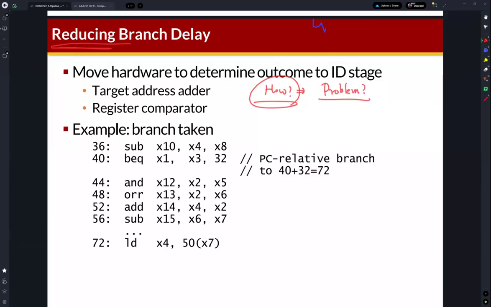What is the problem of these wasted cycles?